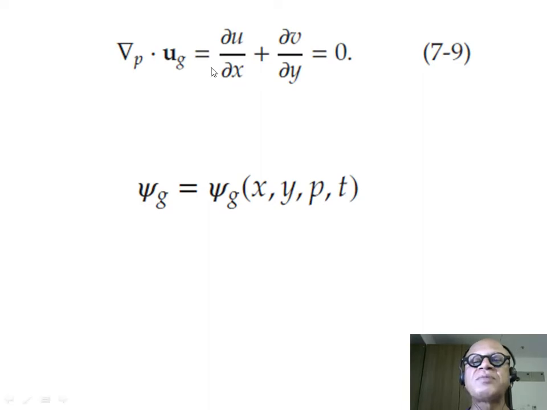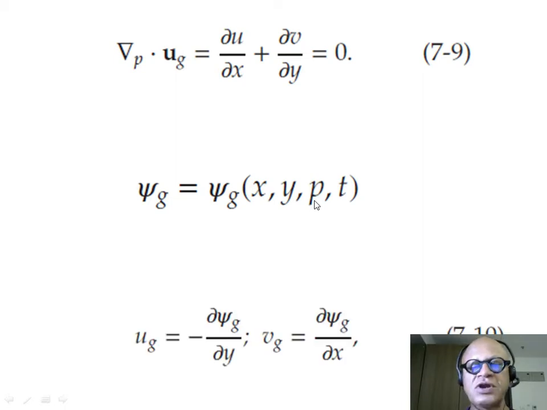Okay, so you remember your fundamental fluid dynamics that when you have a non-divergent flow, you can define a stream function, a general form, which is psi of x, y, p, and t, where p is the pressure coordinate we are using.